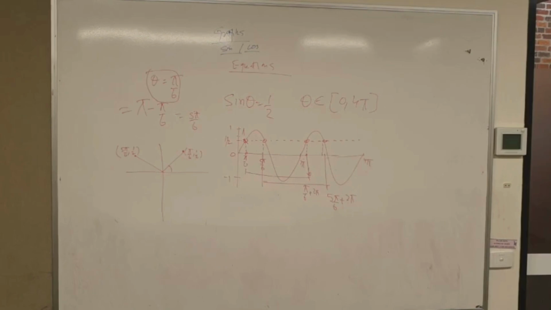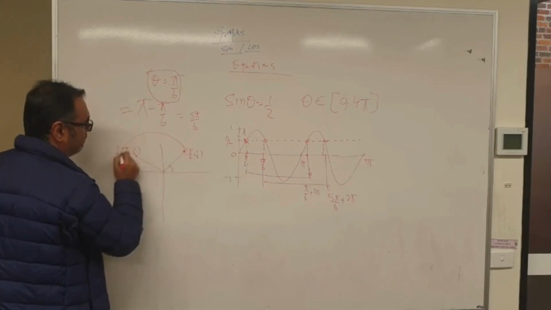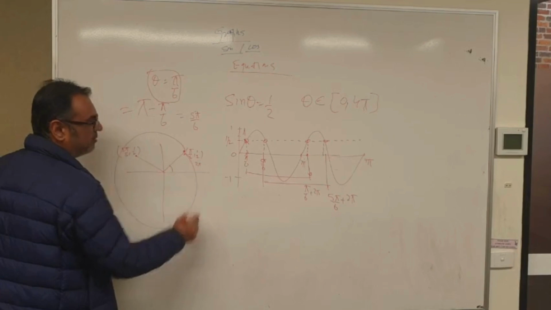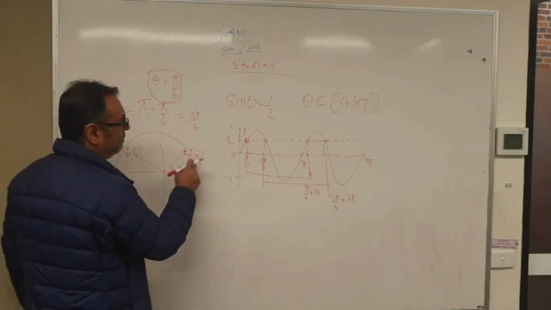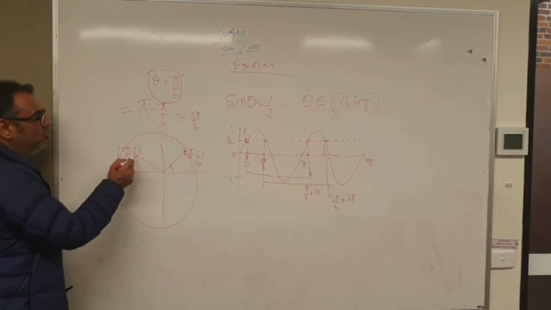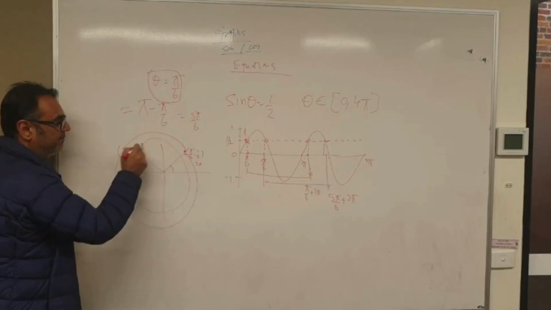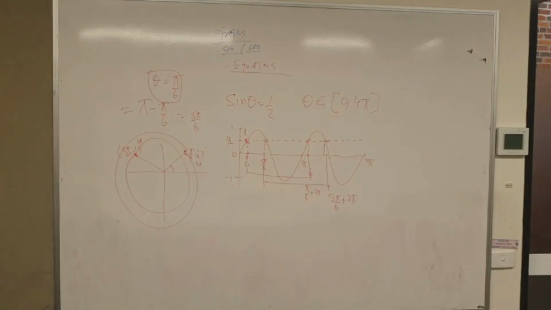Correct? Now, how do you land at this spot again? Add 2 pi, if you make a full circle of 2 pi. So 2 pi plus 5 pi by 6. And how do you come here again? Another 2 pi. So 2 pi plus 5 pi by 6.